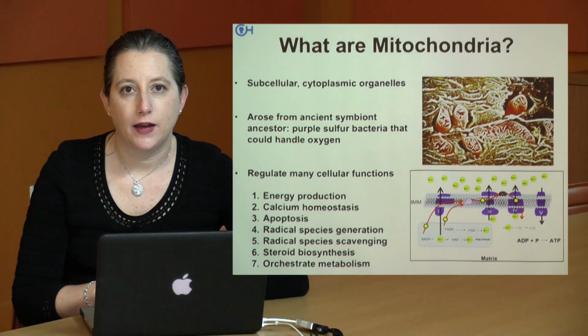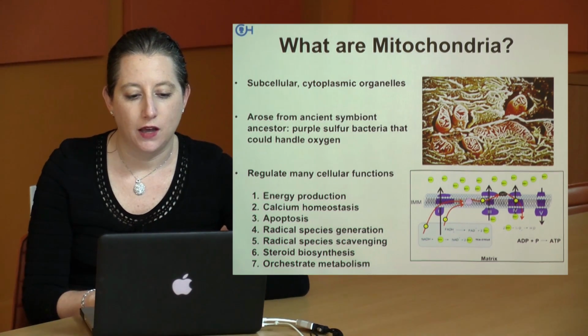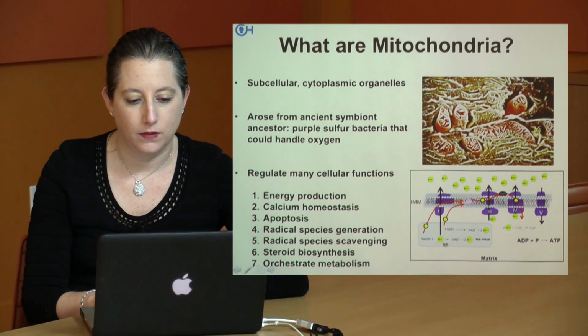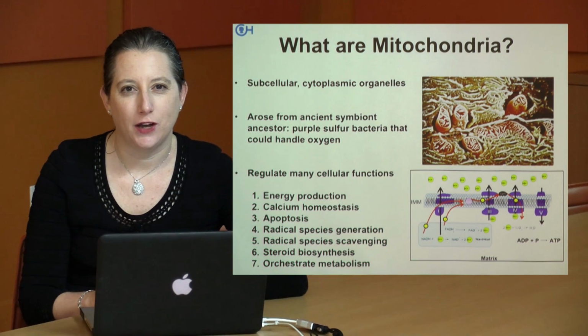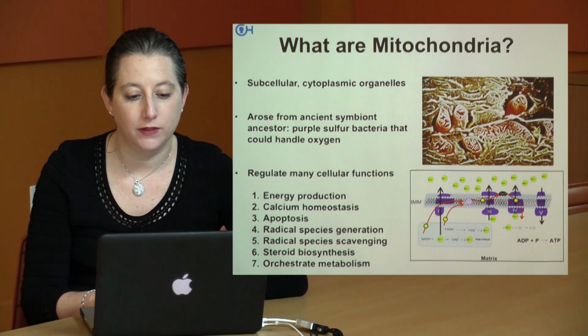When we think about mitochondria and how they generate energy, it's really a very lovely and conserved system. The reason that you ate, and hopefully you all ate today, was to generate cellular nutrients in the form of reducing equivalents, either NADH or FADH2.